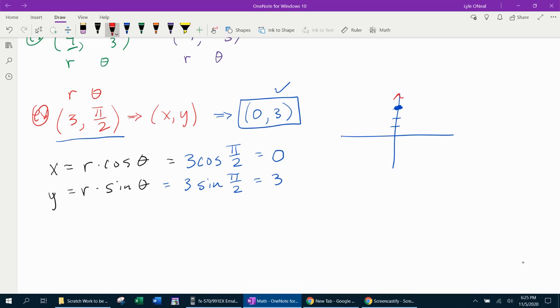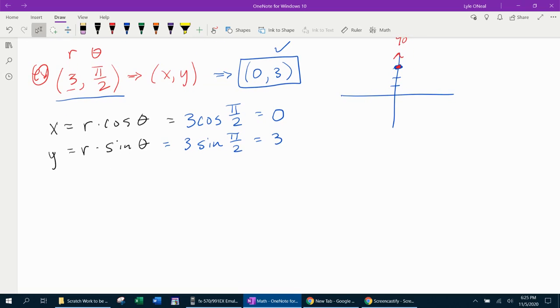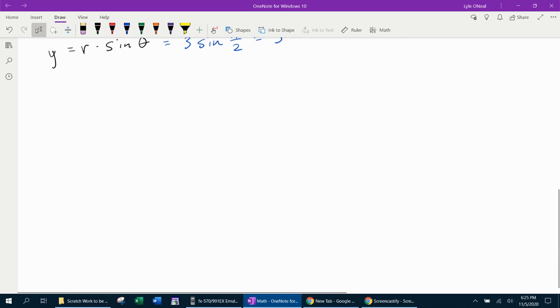Pi over 2 is 90, right? And the radius is positive, so that says to go 3 units in that direction, and that's going to plot in the same spot. And that means we have the right dot. Done. Now let's do another example of converting.